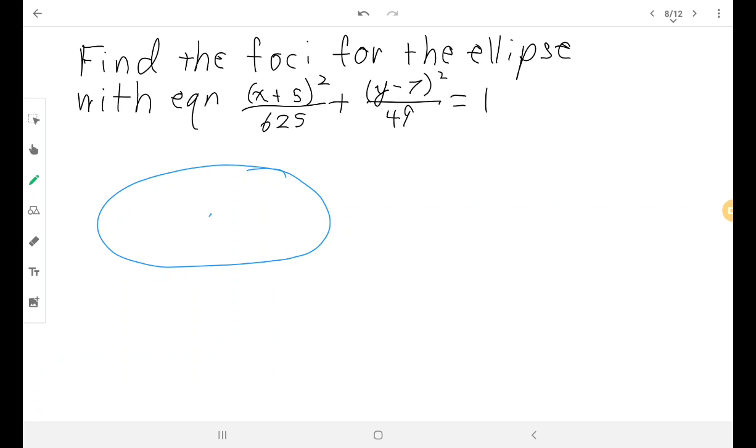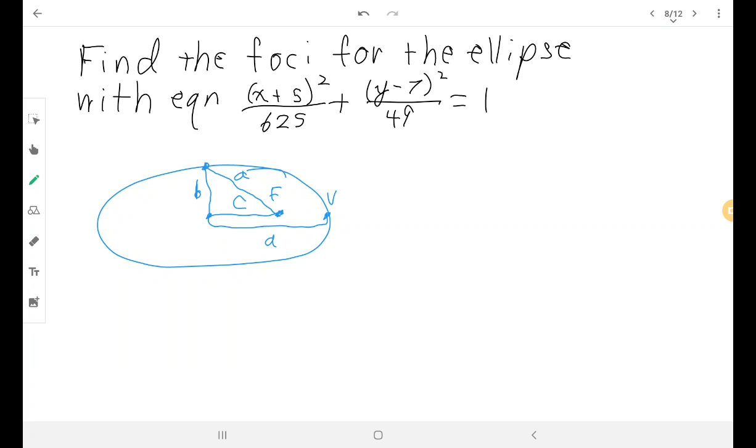And remember, there is the focus, and then there's the vertex over here, and that distance is A, and this distance is C. And when we have the co-vertex, the minor vertex, and we create a right triangle, this distance is B, a right triangle, the hypotenuse also has a distance of A. That's a property of ellipses.